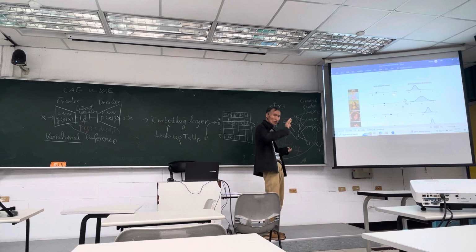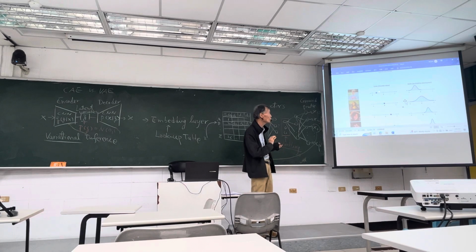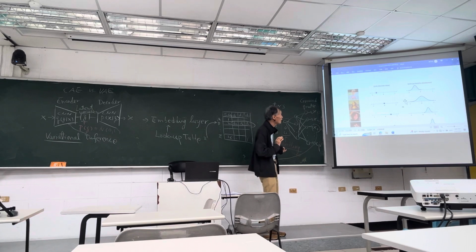How does it learn the distribution? It's quite different from the crisp value. Once you learn it, the value is fixed. It means whenever I input this picture to a CAE, you always get the same hidden variable. But when you input exactly the same image into the VAE, every time you will see a little bit of difference.